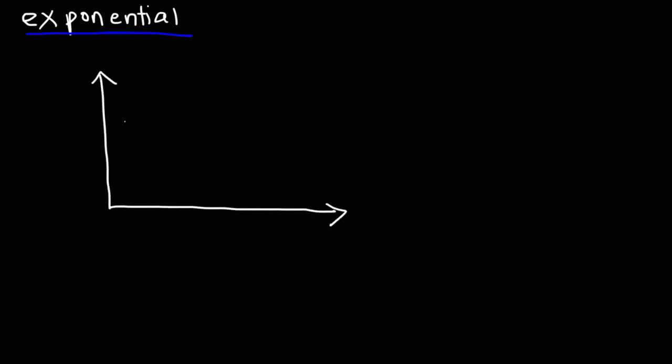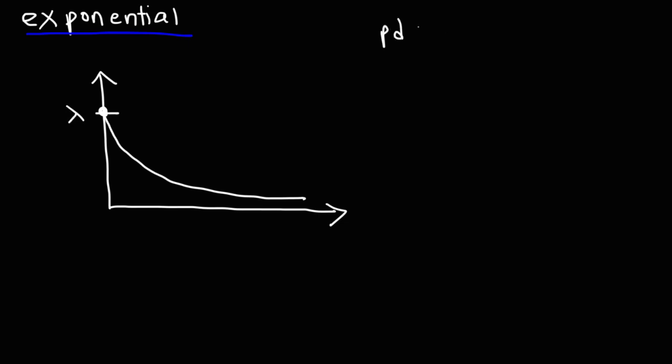Now, let's talk about the exponential distribution. Let's discuss the CDF and the PDF for this type of distribution. In the exponential distribution, the maximum value is the y-intercept, and it decreases over time. The maximum value is also known as lambda, the rate parameter.